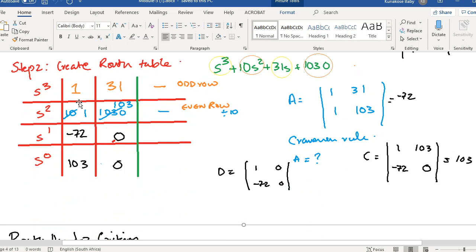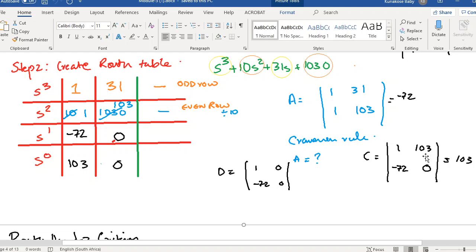Okay, so we have now got s cubed, s squared and s raised to 1, and we are left with finding s raised to 0. So how do we find s raised to 0? We write all the values that make up the first cell of s raised to 0. I'm going to call it C. Over here it will be 1, 103, minus 72 and 0.